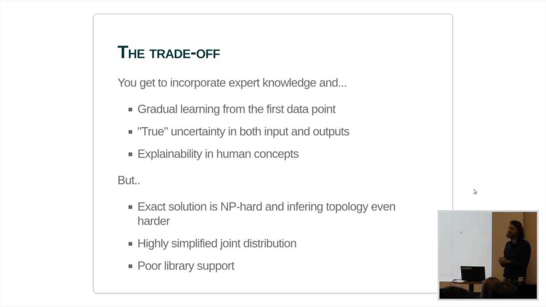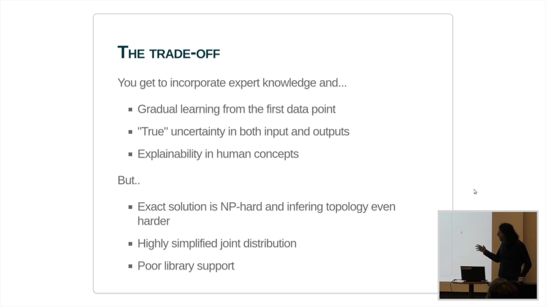You can do it, but it's really expensive. And of course, we end up with this highly simplified joint distribution. So our model is very simple compared to a neural network or boosted trees, because it's much more linear, because we need to have explainability to humans, because a human gives us explainability, and because we want to work with few data points.